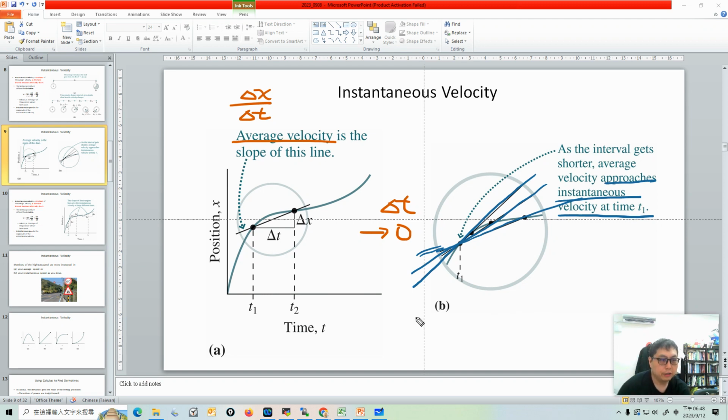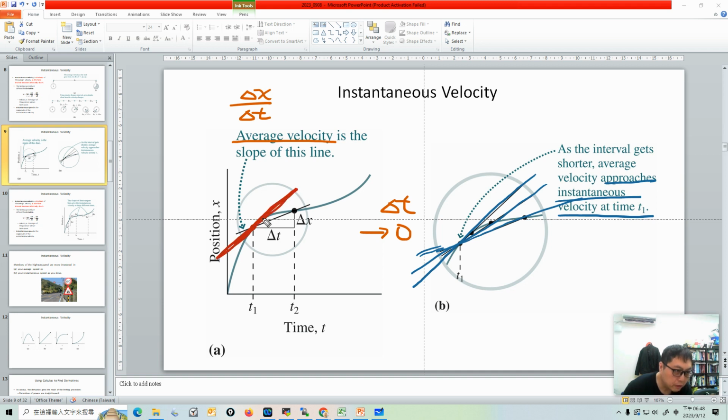If delta t really goes to zero, that gives this tangent line, this slope. Sorry, it's not very straight.